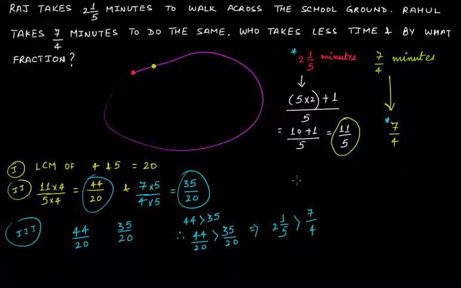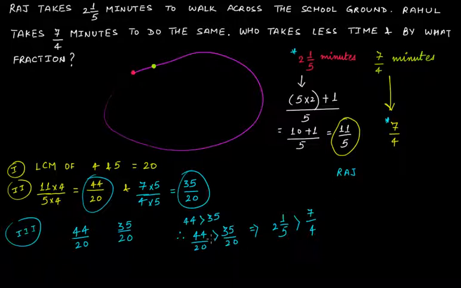It means that Raj took more time to take one complete round of this school ground than Rahul. So now it's asking by what fraction the time taken by Raj is more than that of Rahul's.